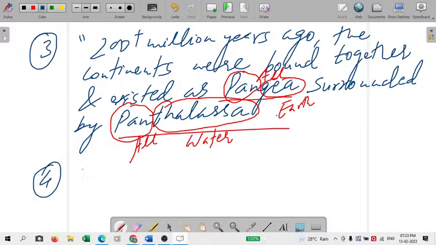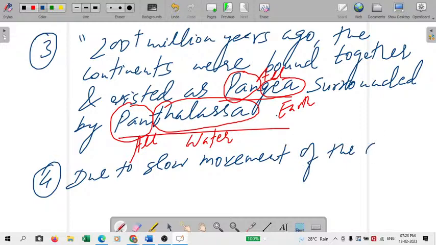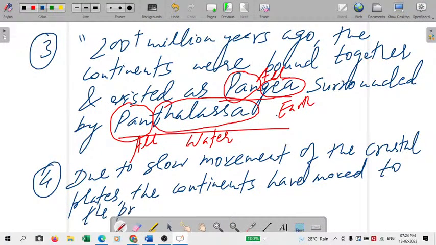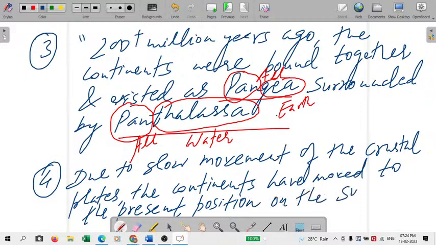And number 4, due to slow movement of the crustal plates, the continents have moved to the present position on the surface of the earth.